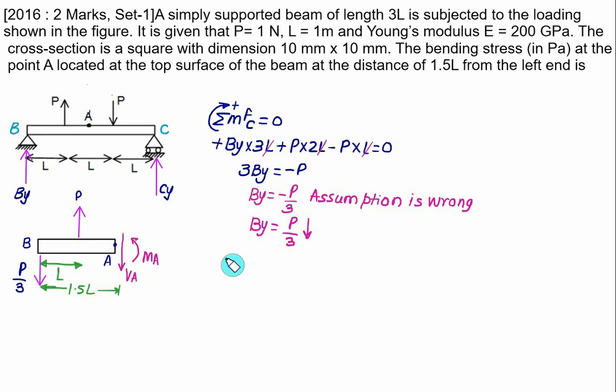This time we'll take the sum of moments of all forces about point A. We have assumed anti-clockwise positive, so the sum must equal 0.